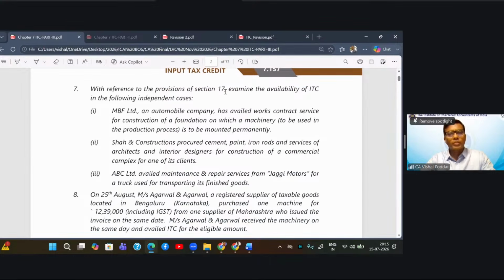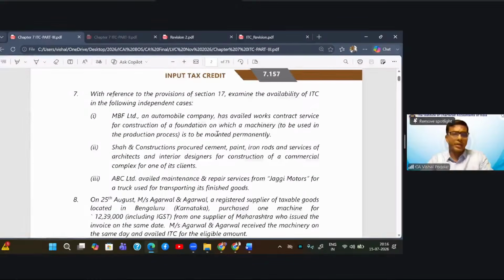With reference to the provision of section 17, examine the availability of ITC in the following independent cases. So now we'll have to discuss whether ITC is available in these cases. Correct? So first, MBF, an automobile company, has availed works contract service for construction of a foundation on which a machinery to be used in the production process is to be mounted permanently.